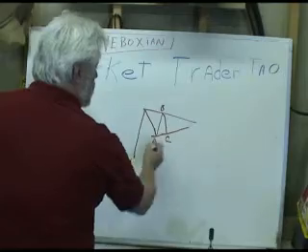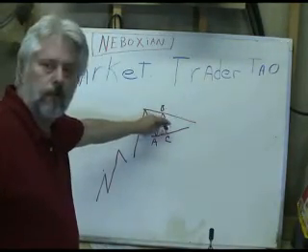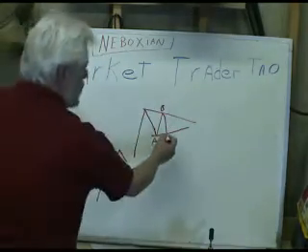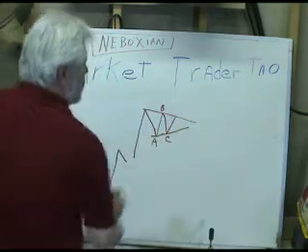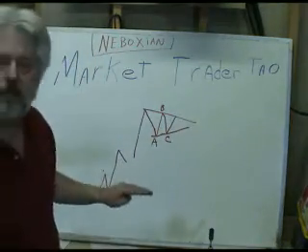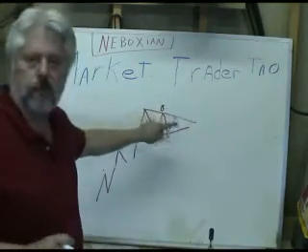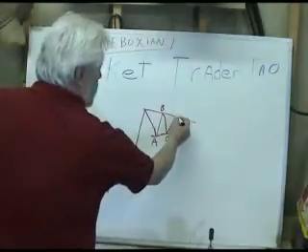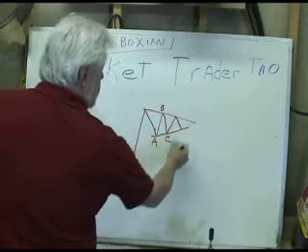Usually what will happen is you'll run out of sellers a little bit sooner. There'll be fewer sellers going down, and the buyers will jump back in a little bit sooner, and they'll push it back up, and then you'll hit resistance again. There's nobody above here that's willing to buy any higher than that, and so the sellers will move back in, and they'll push it back down.